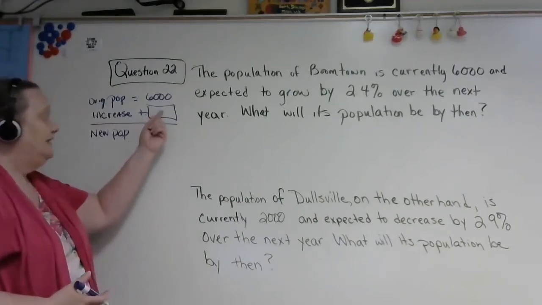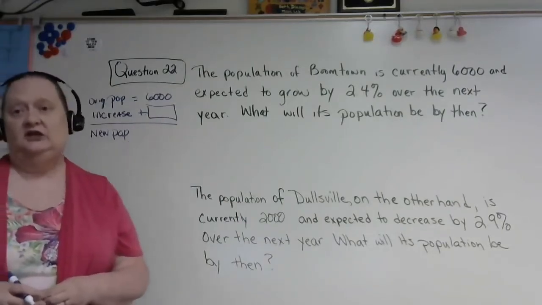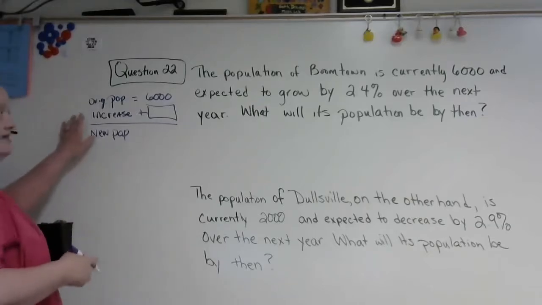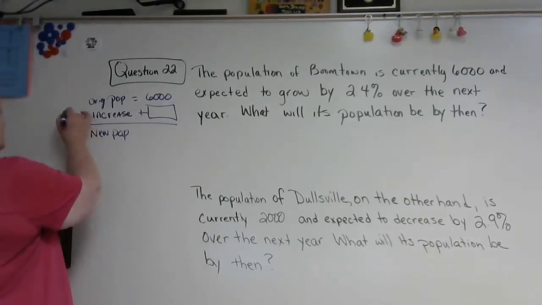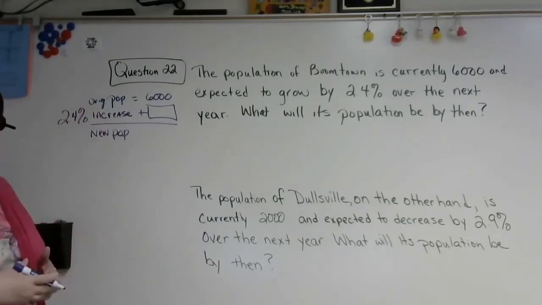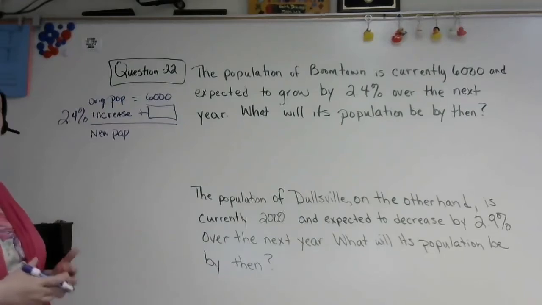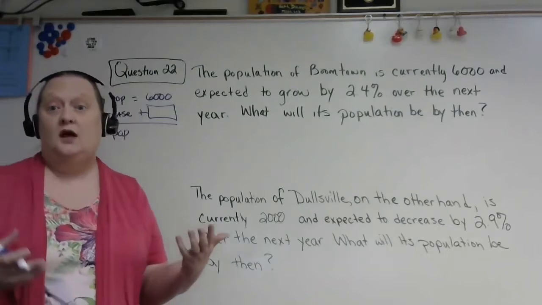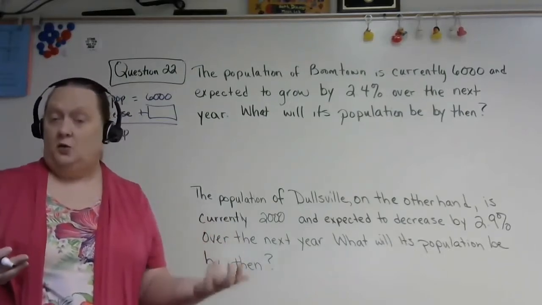To get that, we need to figure out how much it will increase by. And it will increase by that percentage, which is 2.4%. We can do this with either proportions or with an equation.